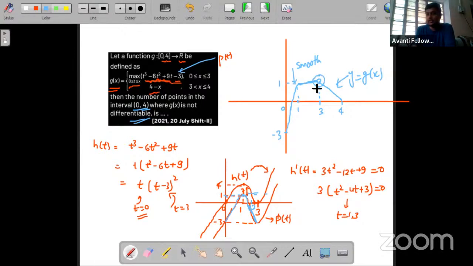Now we are getting discontinuous points. So this is one point where the function is non-differentiable. Again we are getting a smooth curve. So how many points? Only 1 point. Clear? Any doubt? Got it? I know this was slightly difficult, but we have learned this kind of question.